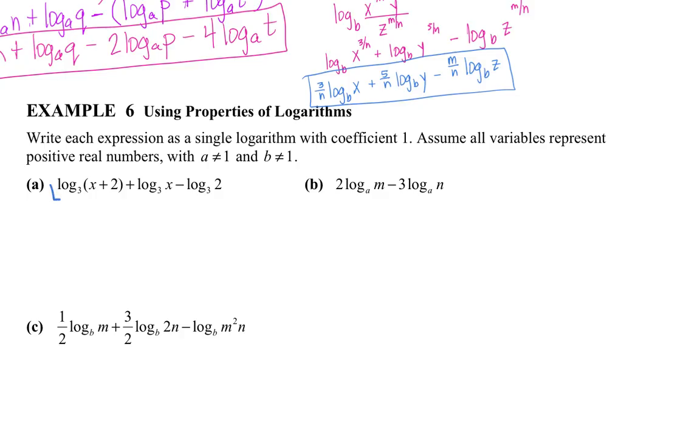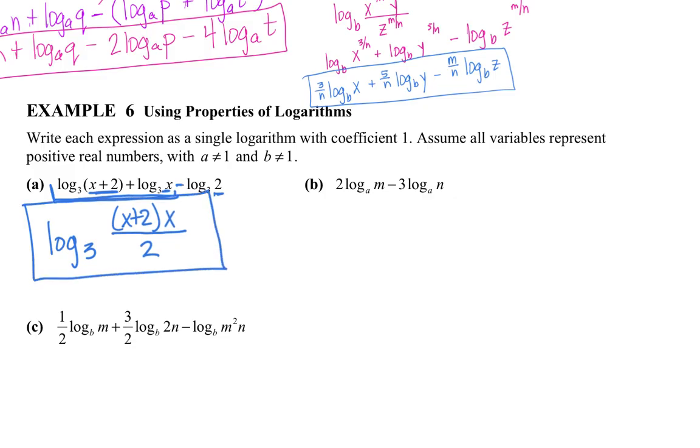What I know is these two are being added, so I'm going to multiply those two pieces. So this is going to be log base 3, and since I have this minus sign, I know there's going to be a division. But these two are going to be multiplied, so this is x plus 2x, and then 2 in my denominator. So that covers that one.